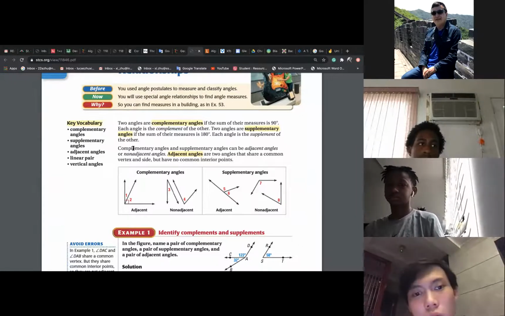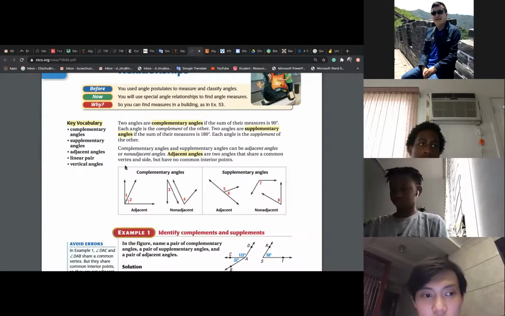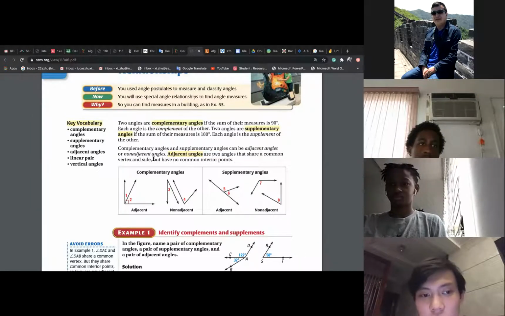Complementary and supplementary angles can be adjacent or non-adjacent. Adjacent angles are two angles that share a common vertex and a side, but have no common interior points.